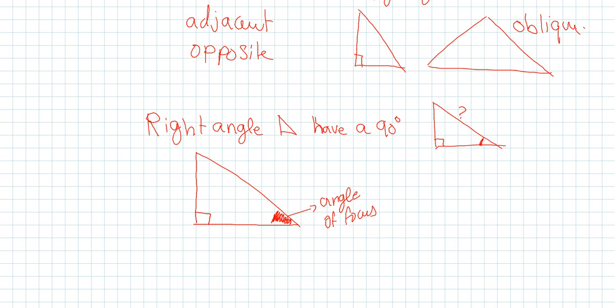To the 90 degree. Right? So whatever your 90 degree is, the side that's across from your 90 degree is called your hypotenuse, and it will not change. It's always that side. So this is always the hypotenuse because it's opposite to the 90 degree.